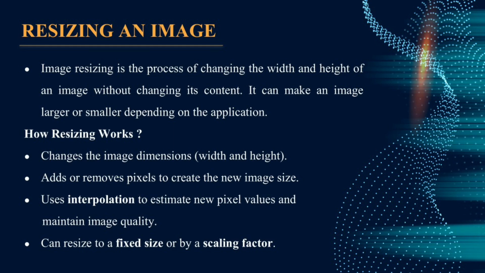Since new pixels may need to be created, OpenCV uses an interpolation technique to estimate the pixel values while maintaining the image quality. Resizing can be done either by giving a fixed size like 300 by 300 pixels or by giving a scale percentage such as 50% of the original size.